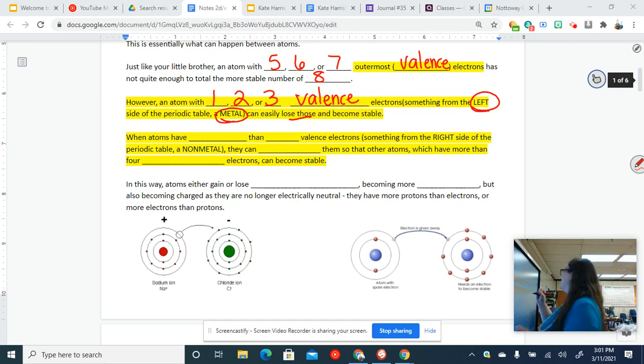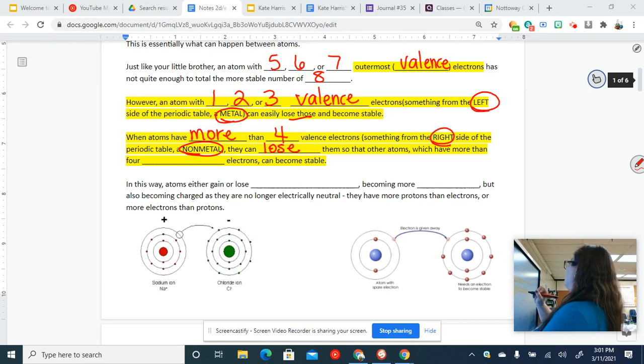So when atoms have fewer than 4 valence electrons, they can give them away to other atoms so that other atoms, which have more than 4 valence electrons, can become stable.